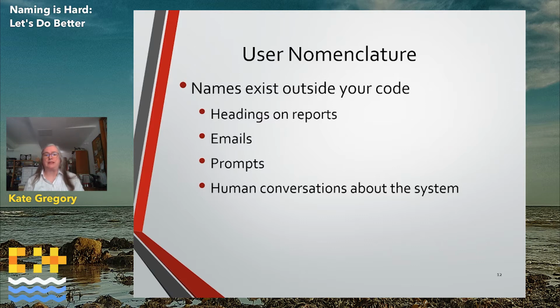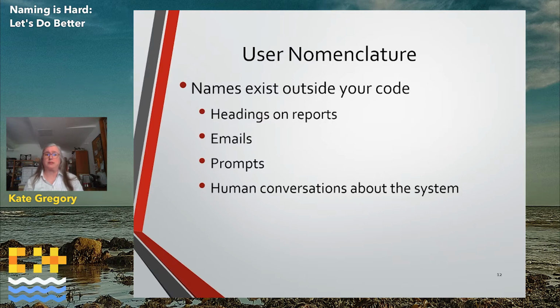Maybe your system sends people email when something's going to expire or go inactive, and it says in the subject line and in the body that it's going to expire or it's going to go inactive or whatever. On your dialogues, you have words telling people to enter the inactive date, let's say. And then people will talk about the system.